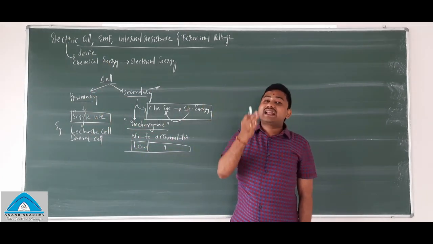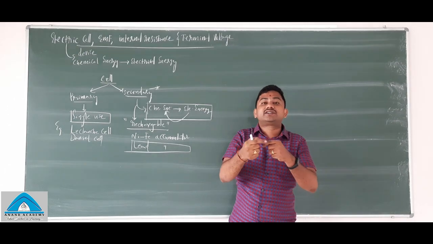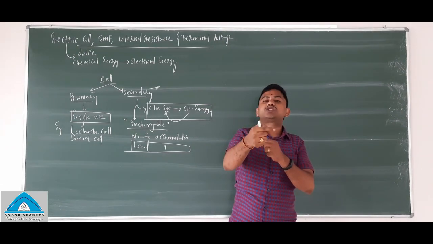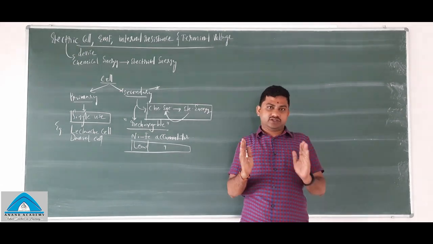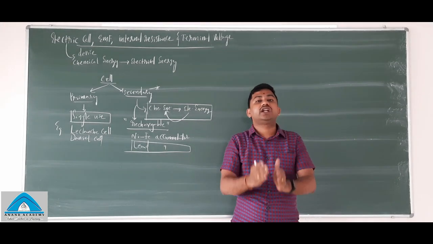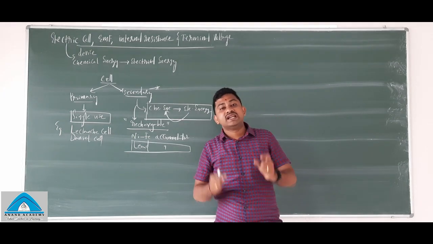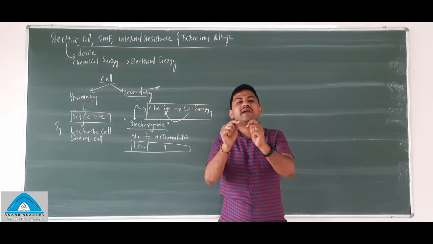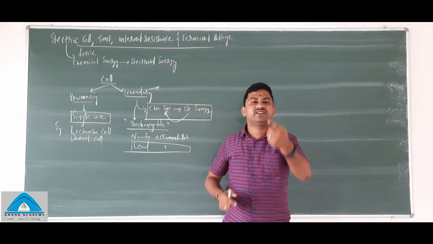Each electric cell is a driving force for the electrical energy, which maintains a constant potential difference. I had told you already that a cell or a battery will maintain a constant potential difference in a circuit.